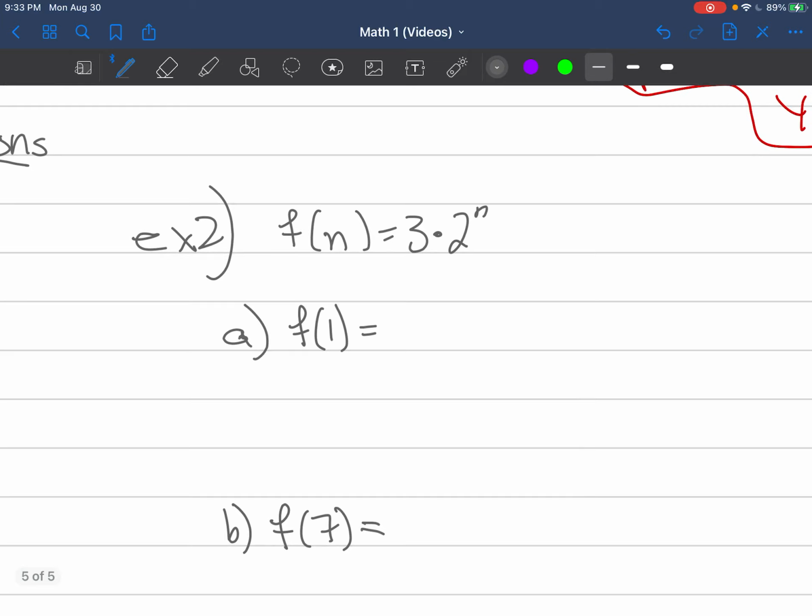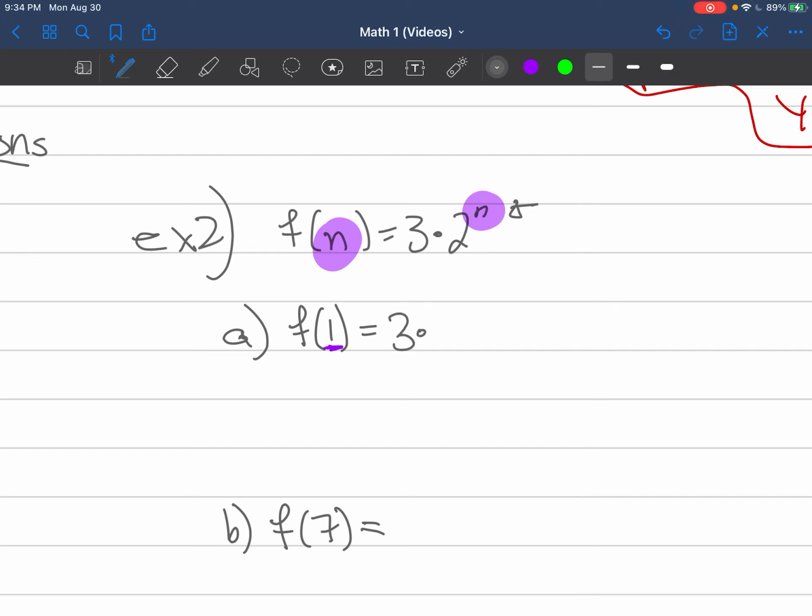Looking at our next one, we have f of n is equal to 3 times 2 to the n. This is a geometric function. So again, here are my n's. If I get a number for inside here, I'm going to replace this n with that number. So we have the number 1. I'm going to replace this n here with a 1.